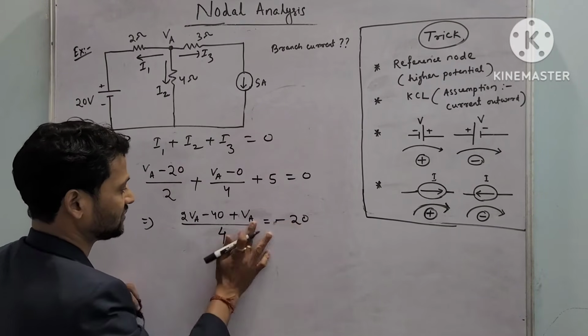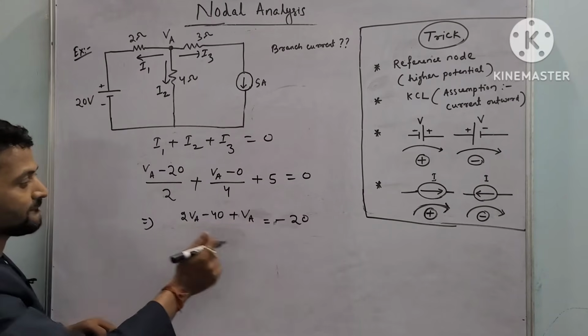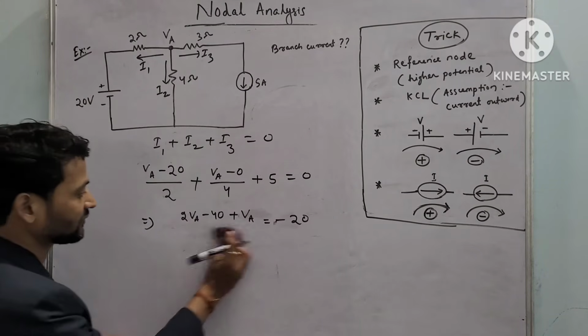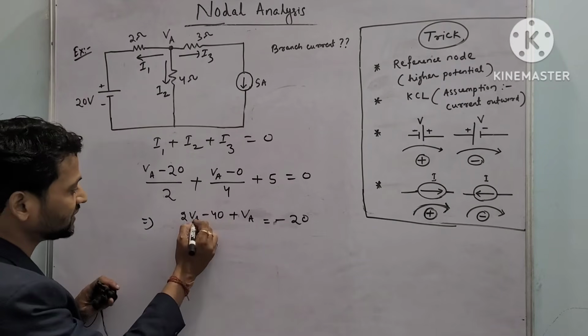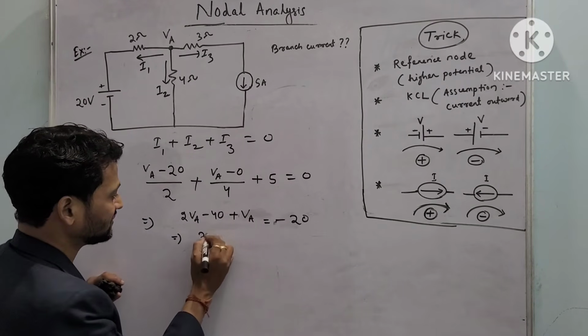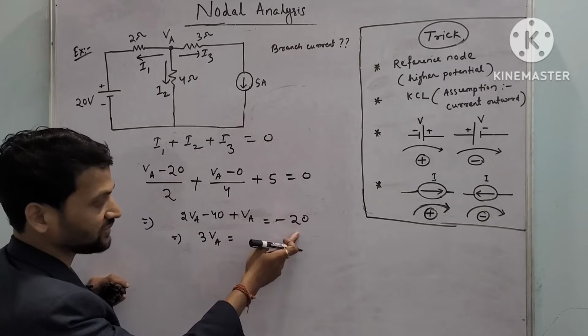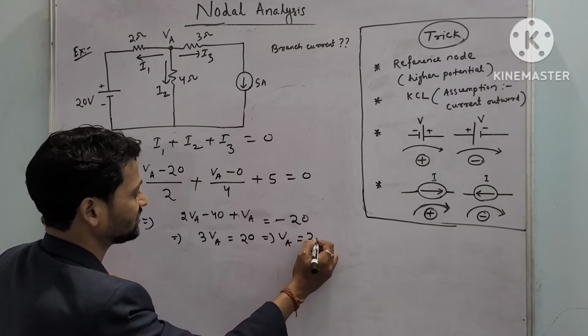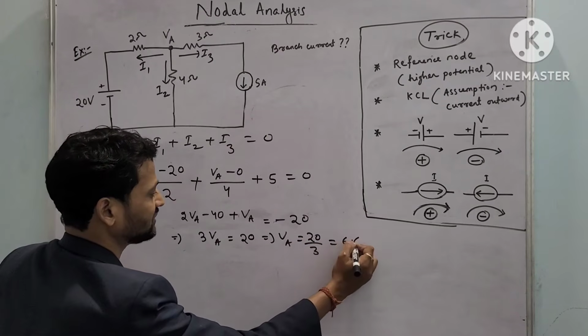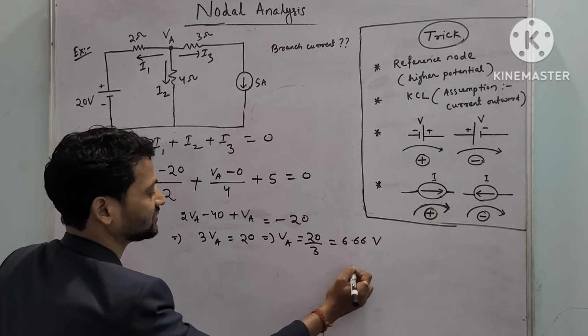Minus of 20. ठीक है, so let me erase. 2VA plus VA is 3VA and 40 minus 20 is plus 20. ठीक है, so VA is coming 20 upon 3, which is 6.66 volt.